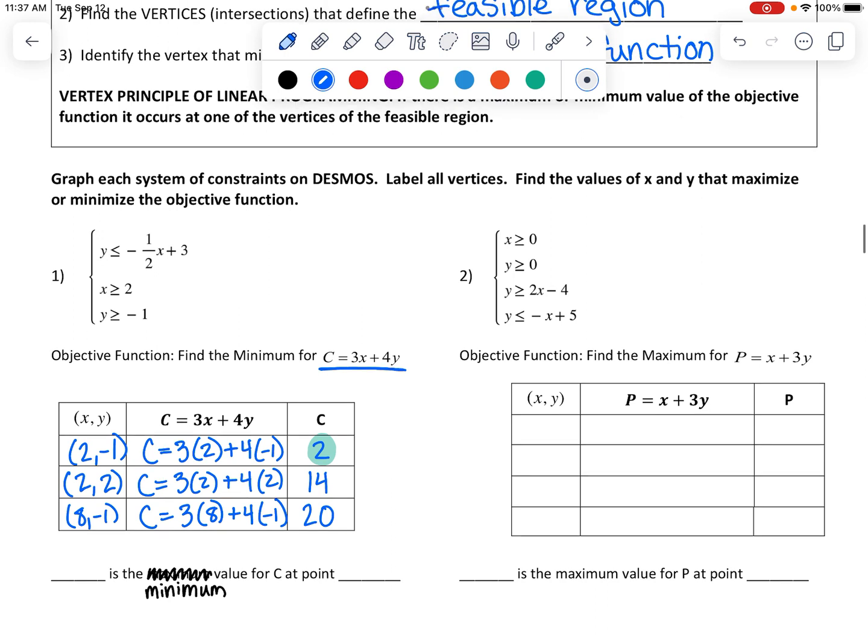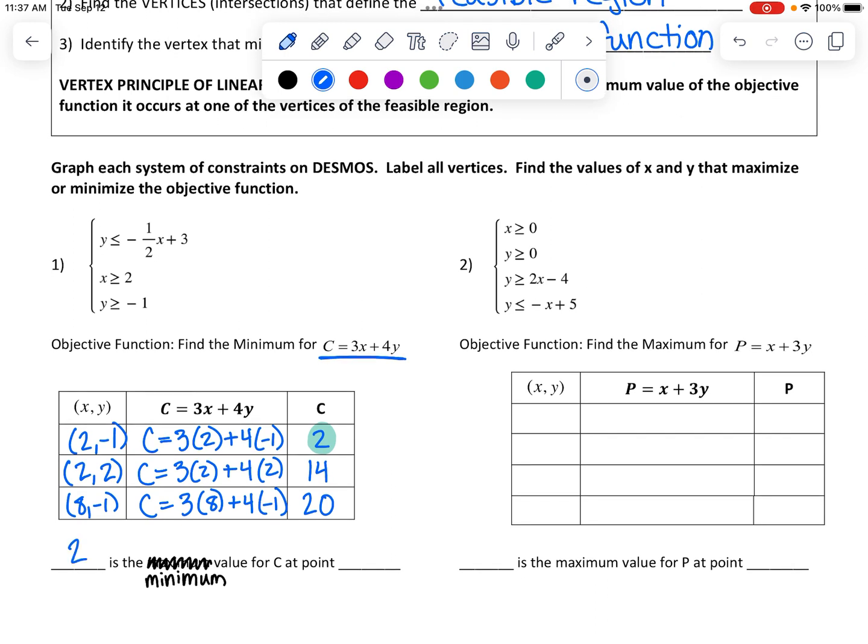So when I answer this question below, 2 is the minimum value for C, and that occurs at (2, -1). Okay. And there was a typo on my notes here. So it said maximum, but it had us look for the minimum. So I changed that to minimum. So we're looking at the values that we get over here in that C column, looking at whether it's asking for minimum or maximum, and figuring out what value meets that requirement.